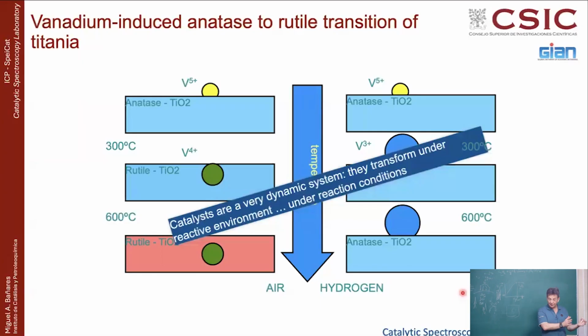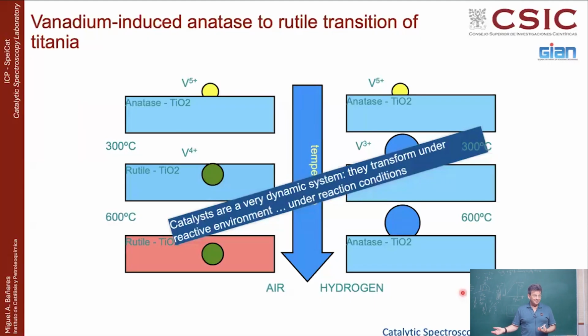So we are not totally in oxygen, we are not totally in reducing conditions, we are in between. Chances to go through vanadium 4 plus are high. And once you have vanadium 4 plus, it falls into the titania. And then you start triggering this transition. You are doing two things at the same time: getting into the titania lattice and triggering the transition from the anatase to the rutile phase.